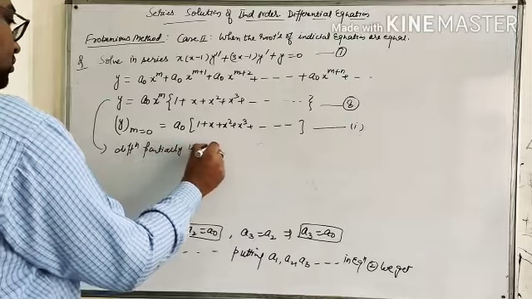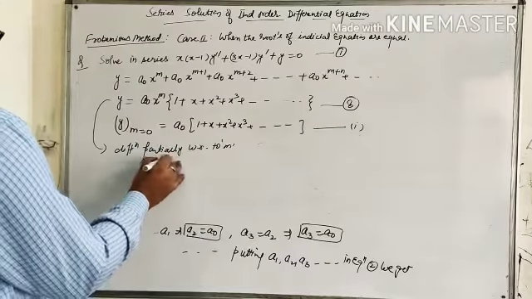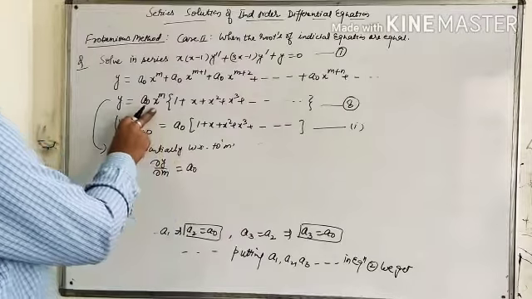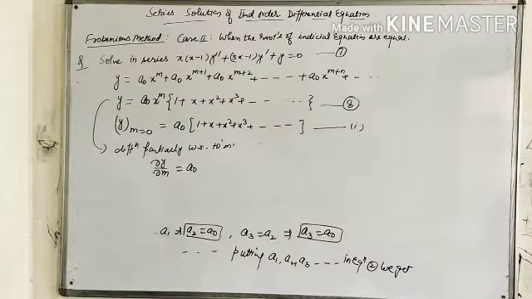Now differentiate partially with respect to m. Del y over del m is equal to a naught, and the differentiation of x raised to power m, since we are differentiating with respect to m, will work as a raised to power x. The differentiation of a raised to power x is always a raised to power x log a.